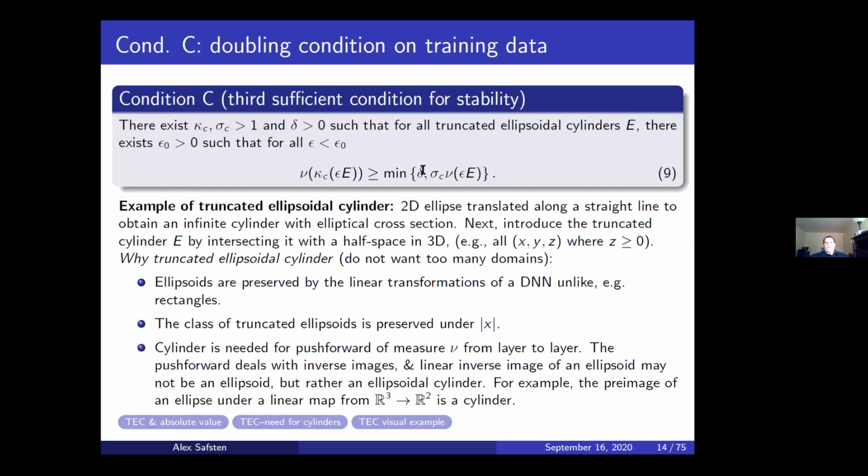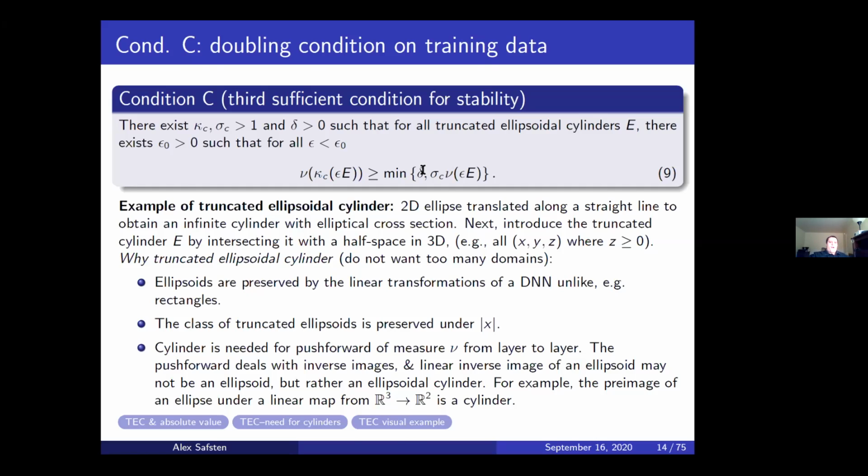So we need all three properties: ellipses, truncated ellipses, and truncated ellipsoidal cylinders, in order to come up with a condition which rules out the undesirable properties of a data manifold, and also can be propagated through the network to the conclusion where we will verify stability.